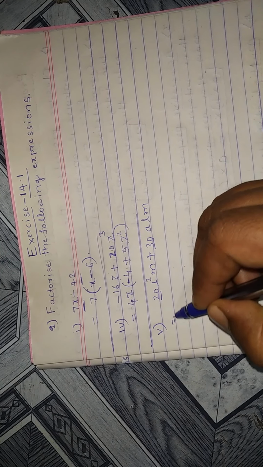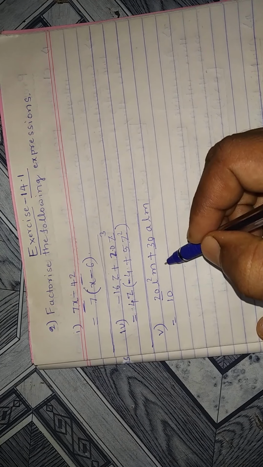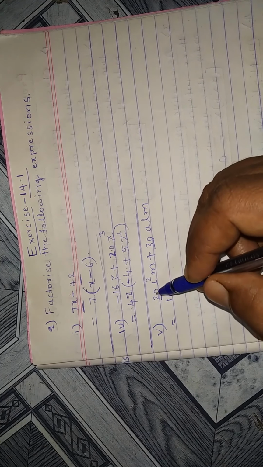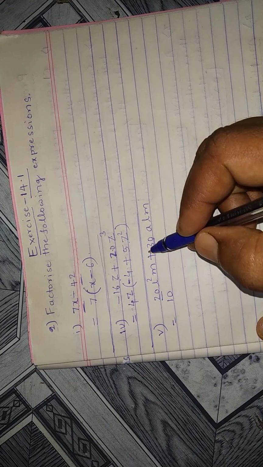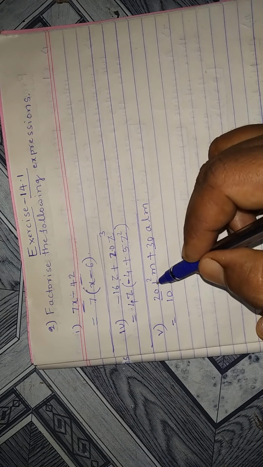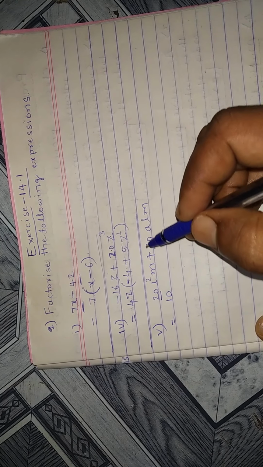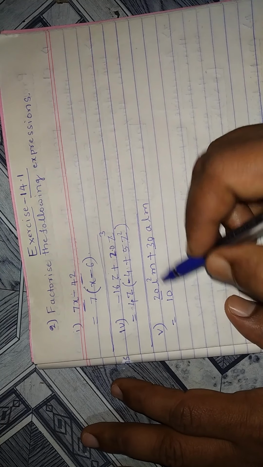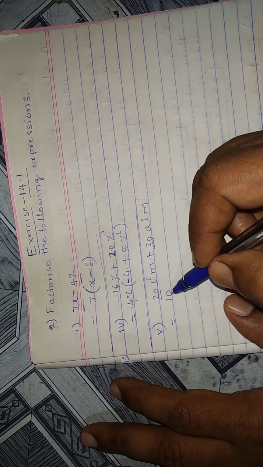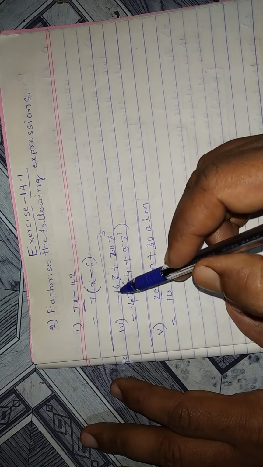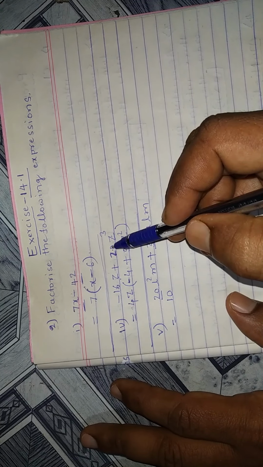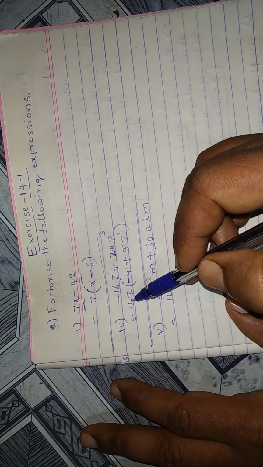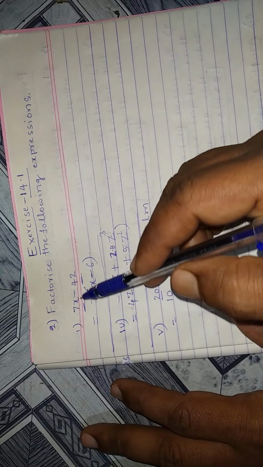That is 10. Okay, write that 10 here first, and here we have to take the bigger number. I mean 20 and 30, both these numbers also come in 2 and 5 tables, but we have to choose the bigger one, that is 10.